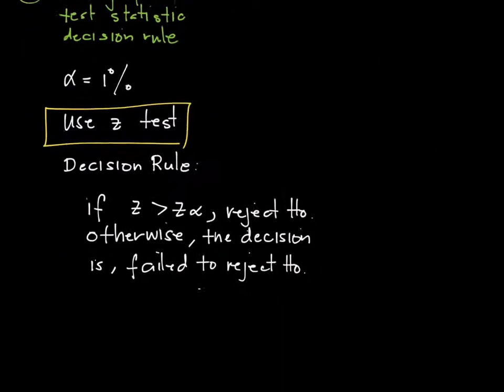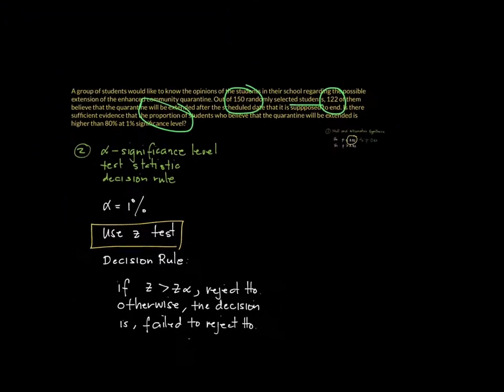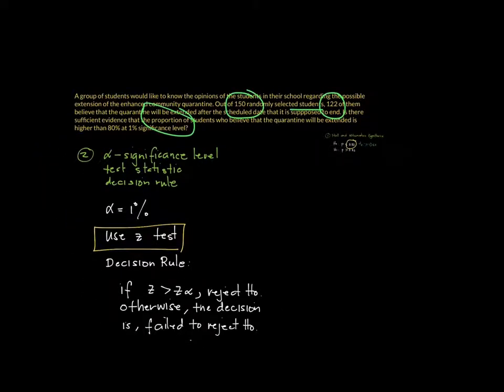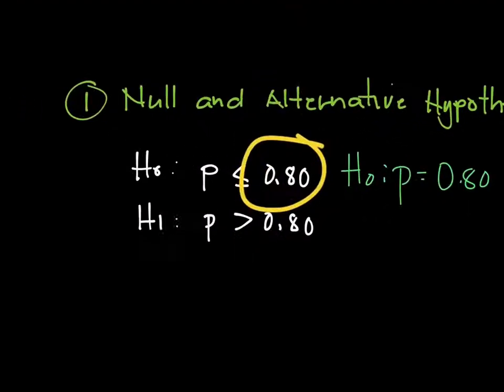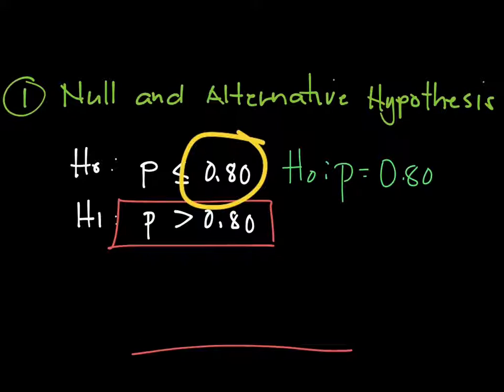For the decision rule, it is guided by the alternative hypothesis. Our alternative hypothesis says that we have p greater than 0.80, and this signals a one-tailed test, and the tail is determined by this inequality sign.